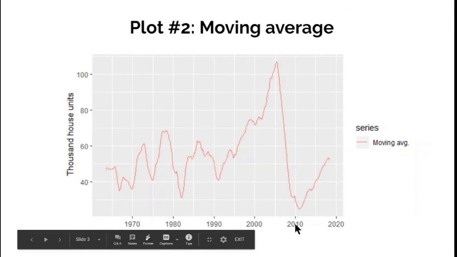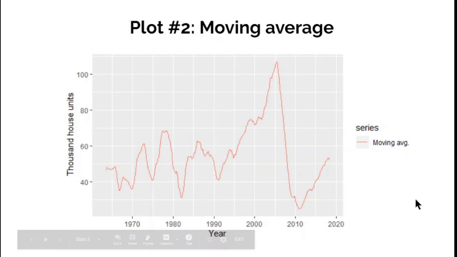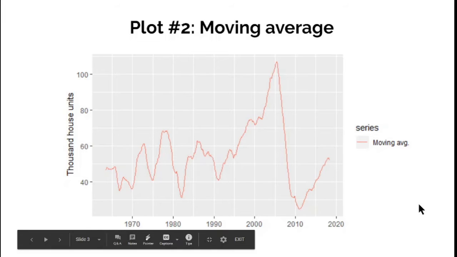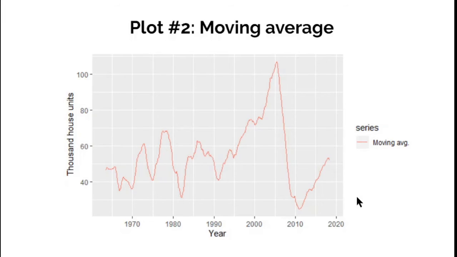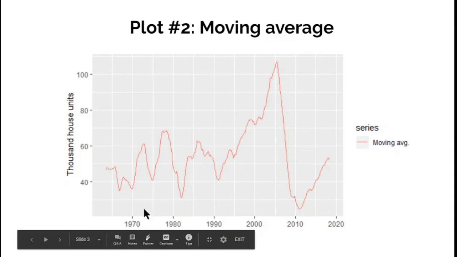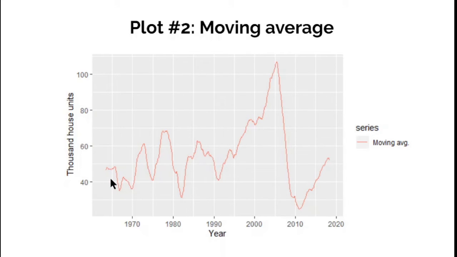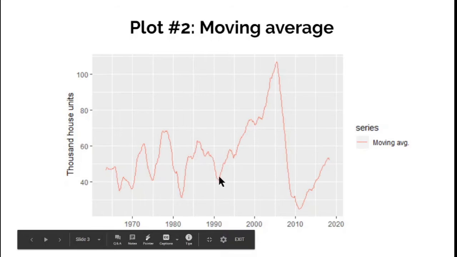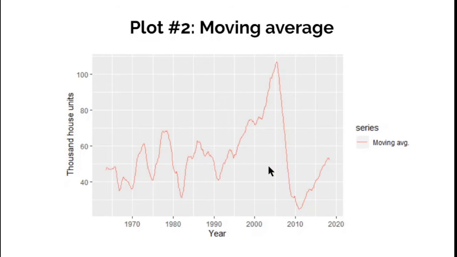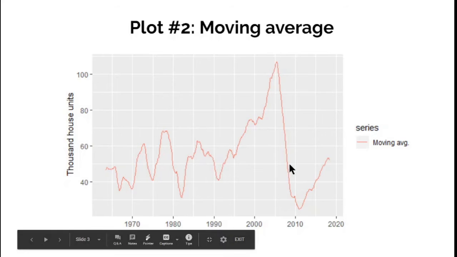So the second plot: when we remove the seasonality, like I said, here is a seasonality. If we remove the seasonality, then the data becomes quite a bit cleaner, and here you get a better sense of the trend. For example, the house units sold were kind of flat between the years 1970 or even before that until 1990, and then it just skyrocketed until 2005, and then this is what happened around 2007, 8, 9, the housing crash, and again around 2011 the market started to recover.